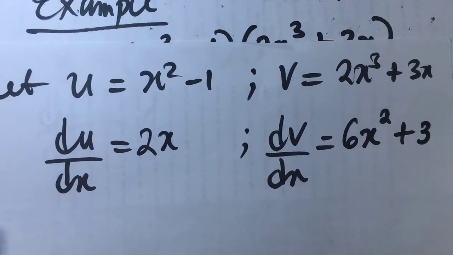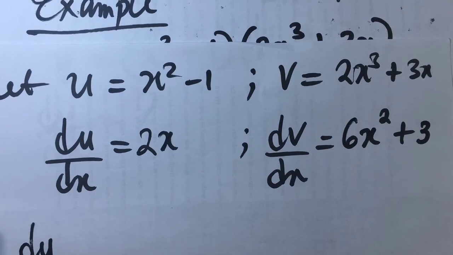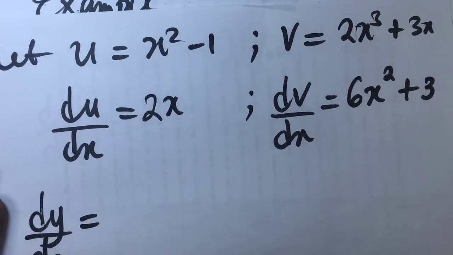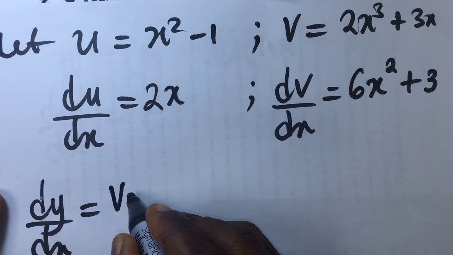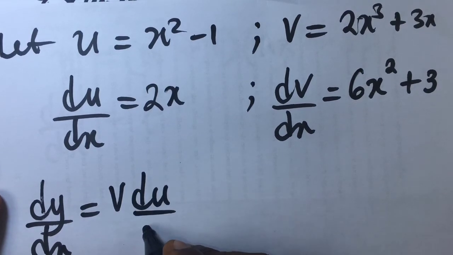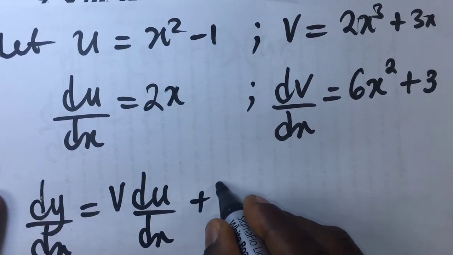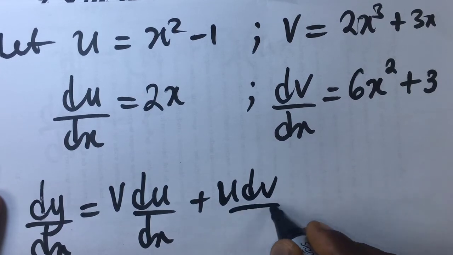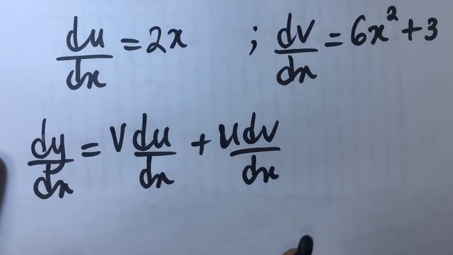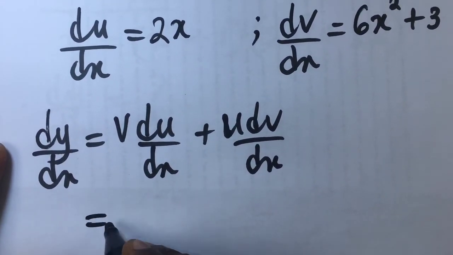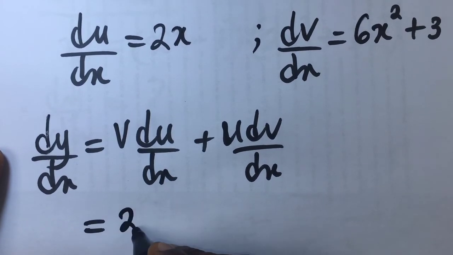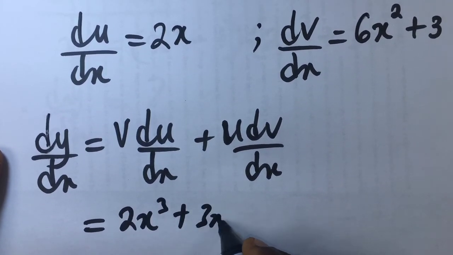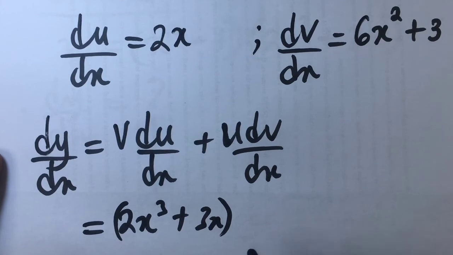At this point in time, we would now write dy dx equals, state what we got earlier, v du dx plus u dv dx. Okay, so this is the product rule. And what's our v? We are going to bring it here. 2x cubed plus 3x is our v. What is our du dx?